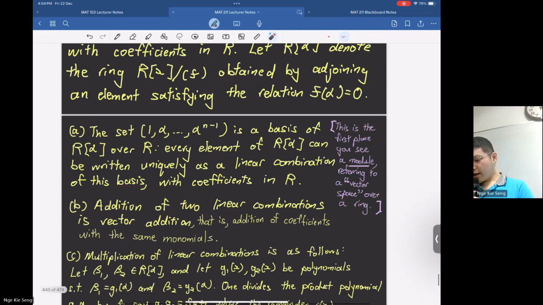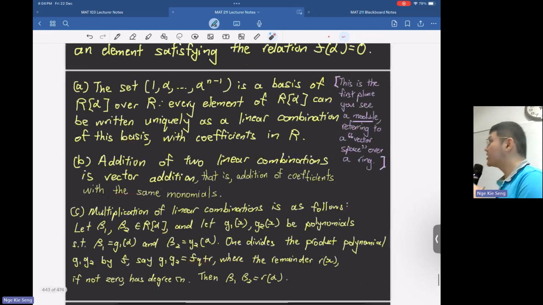And then there are three things here: A, B, C. For A, you can see 1 up to alpha to the n minus 1. What is this n here? This n refers to the degree of your monic polynomial.